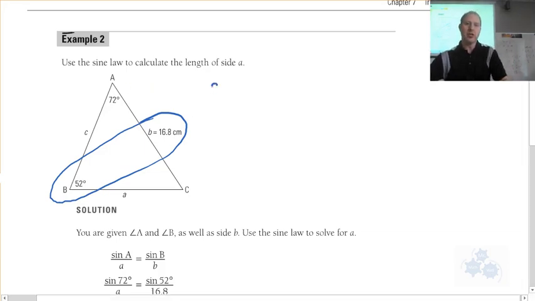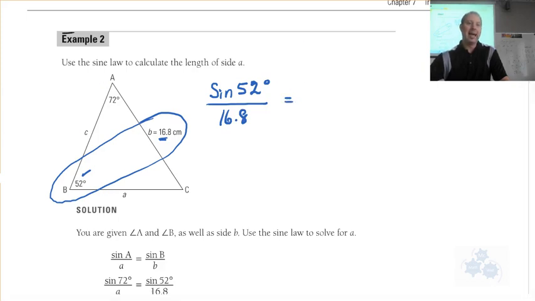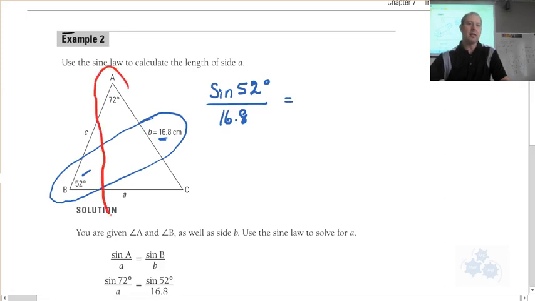But according to what we just saw, sine of angle 52 degrees, divided by its opposite side length, 16.8, watch this very carefully, this is the whole point here, is equal to any other angle and side combination in the triangle like this.